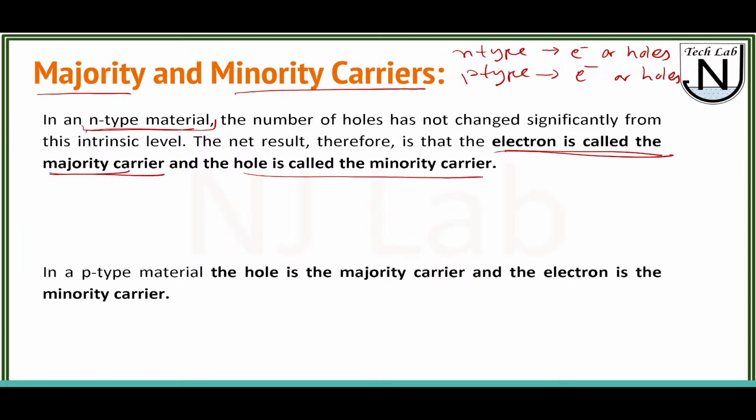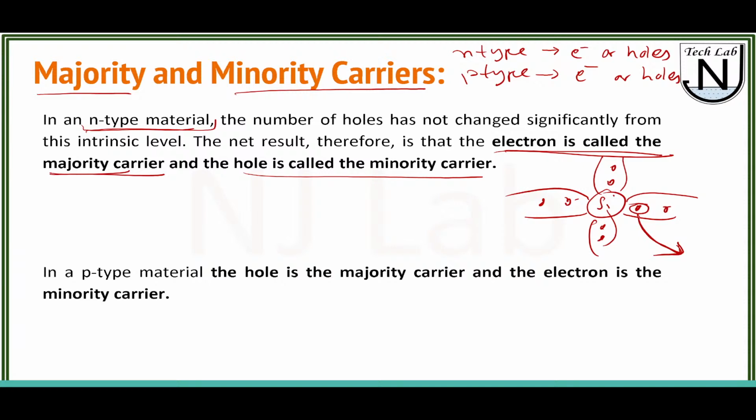Now remember, due to energy, even if this silicon is not replaced with any impurity, this electron may still move out of the covalent bond due to the external energy it gained. If this electron gets free, then a hole will be created over here.